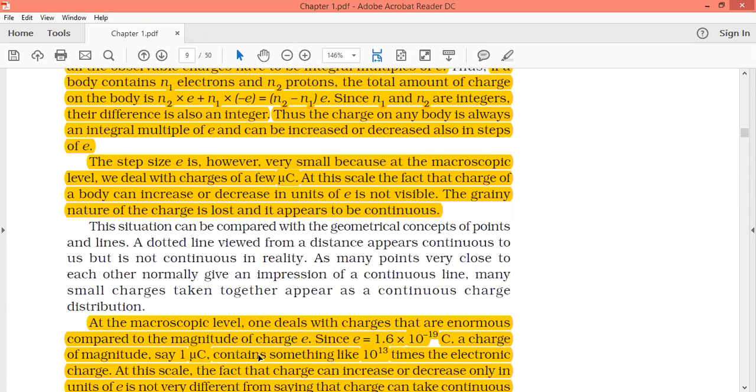We use the formula Q is equal to n into e. Q is given as 1 microcoulomb and e we know. If you find n, we will get n as 10 to the power 13 times the electron charge.